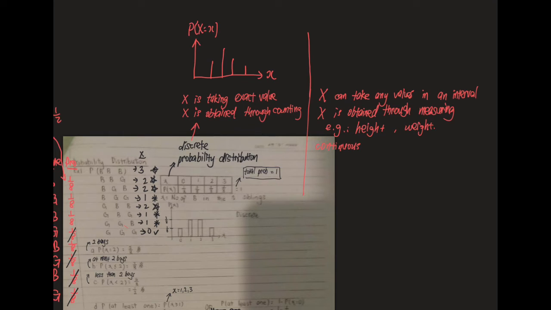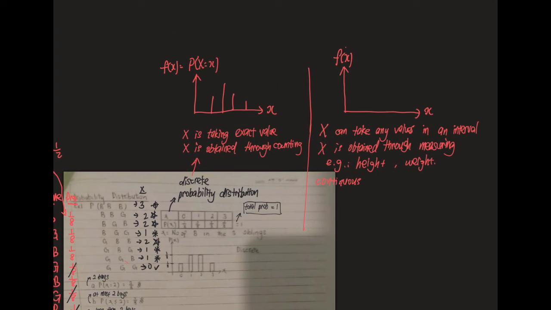But under continuous, there is a particular name for the f(x), which is called probability density function. This one is just probability function.